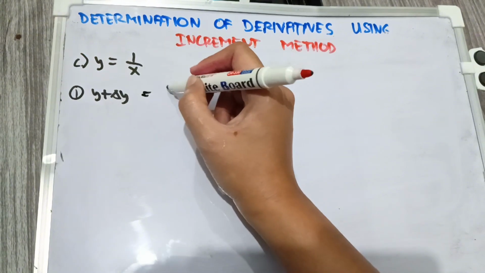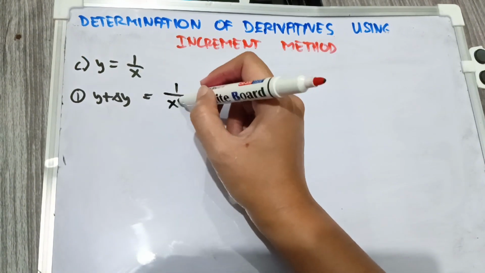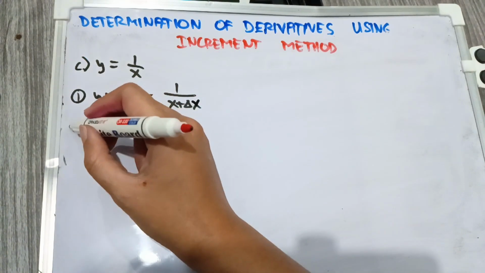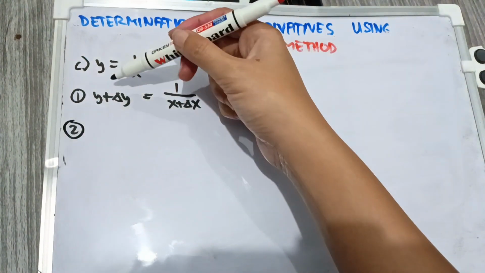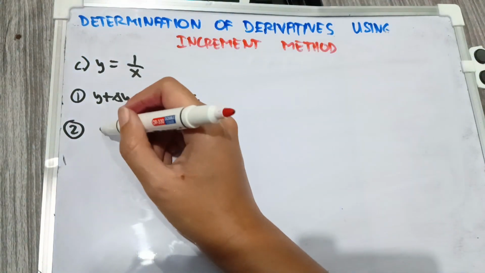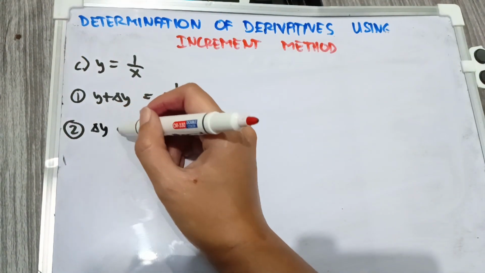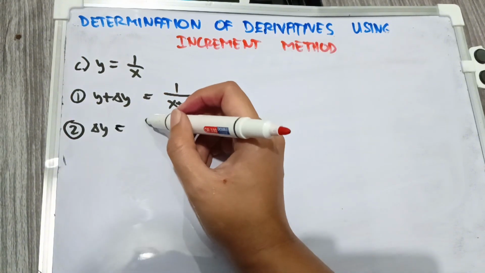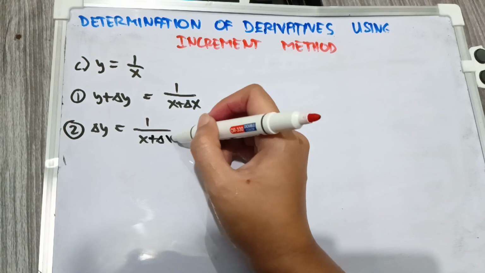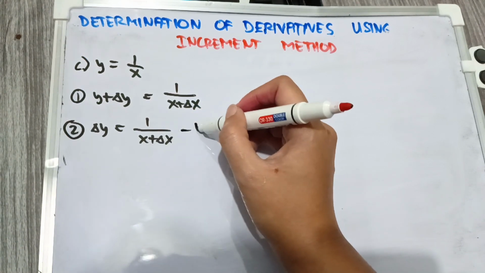And let's substitute x by x plus delta x. Step 2. Let's transpose y to the right side of the equation. It will be left with delta y over 1x plus delta x minus y.